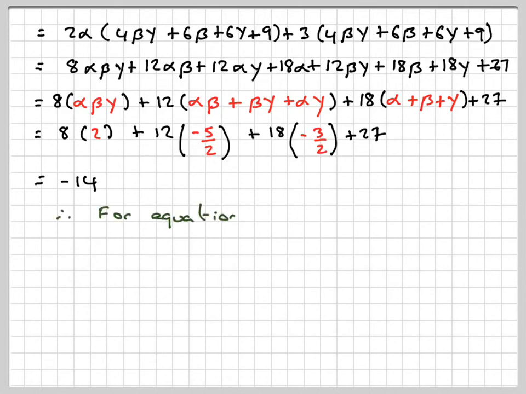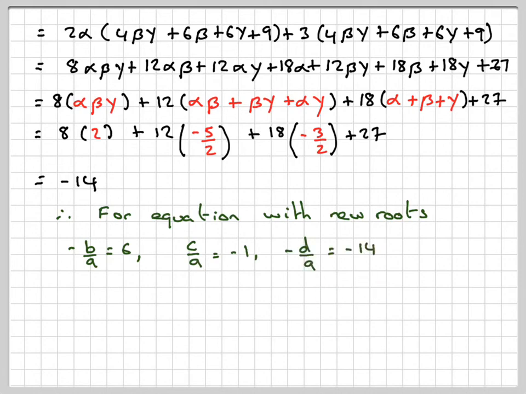So for the equation with new roots, minus b over a will be equal to 6, c over a is equal to minus 1, d over a is equal to minus 14. Now a can take on any value, but we'll let a be equal to 1 because these are all integer values. The general format of a cubic is az cubed plus bz squared plus cz plus d is equal to 0.